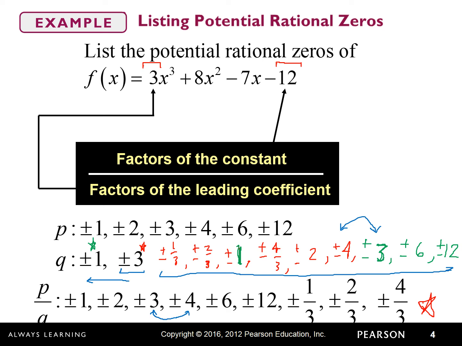You pick out any one of them and it may or may not be a rational zero. All we're saying is that this theorem allows that number to be a rational zero, and no other number but what is on this list.